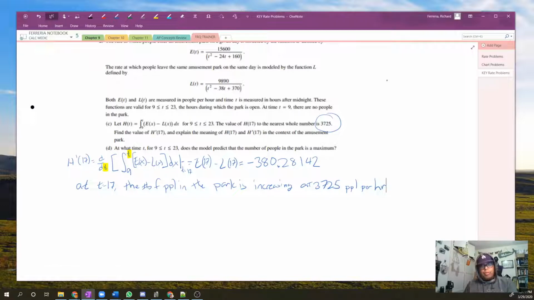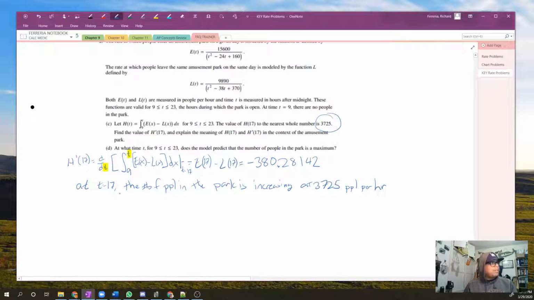Increasing at 3,725 people per hour. I like to put in the word increasing and decreasing there because it seems to make everything sound a little bit easier. So H prime would be the rate at which the rate is changing.